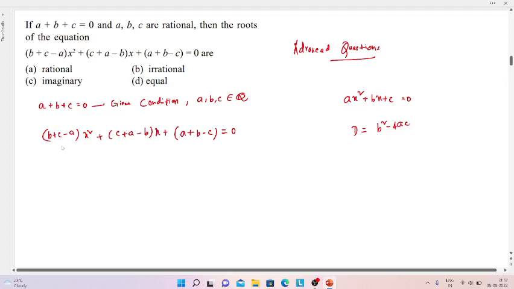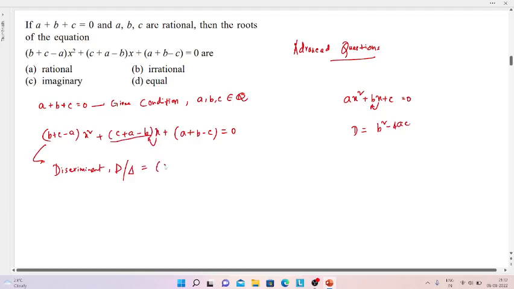And you may solve it on your own, right? So for the quadratic equation, the value of d, I can write the discriminant d, or as I have told you, it may be written as delta, which equals b square. Where b lies, it is nothing but the coefficient of x. So here the coefficient of x is c plus a minus b.